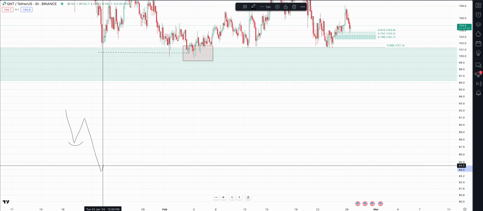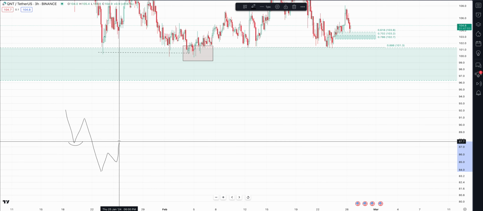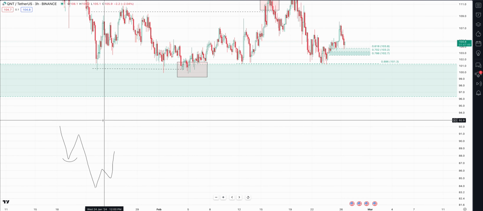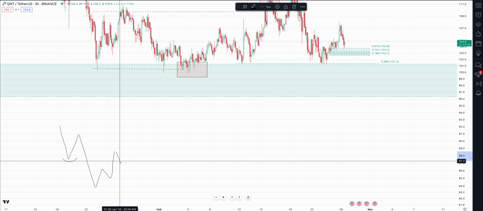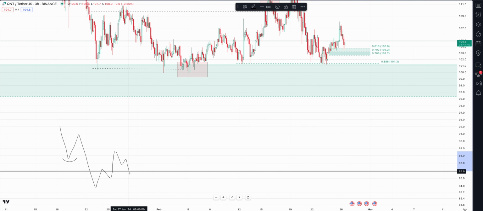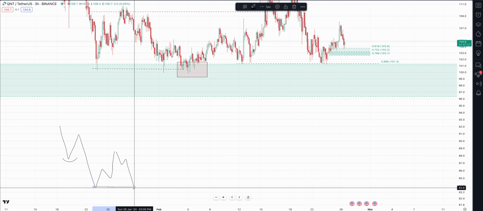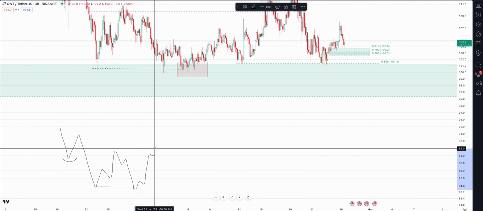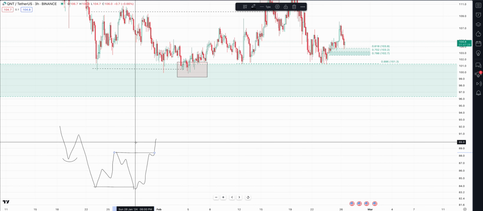You have your automatic rally, your secondary test, your failed breakout, right? Your move back down to the bottom of the range, you kind of sweep this low over here, which causes a short squeeze to the top of the range, taking out this high.